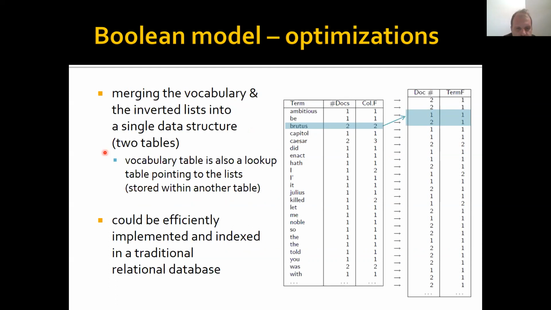Here, I only show that we can implement the inverted list by some specific dedicated index, or we can reuse traditional technology. For example, we can store the inverted index in a relational database in 2 tables, right? So we can have 1 table for the vocabulary and one table for the actual lists.